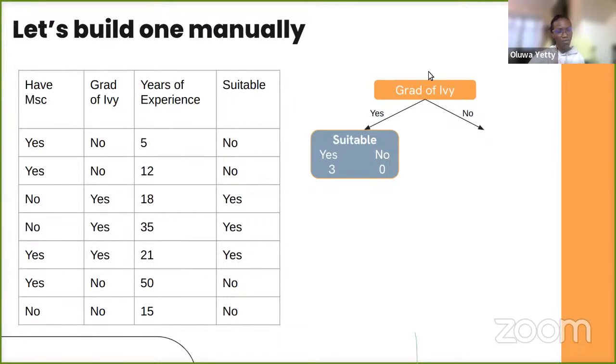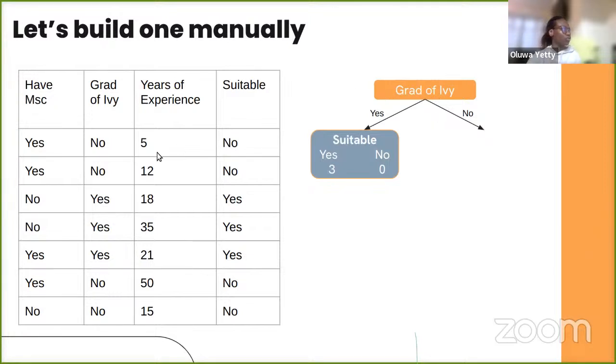The feature that we have here is grad of Ivy. We want to know if they were a graduate of Ivy League. And what are the two possible values we can have under grad of Ivy? Yes and no. So we draw our yes branch and no branch. Now, under the grad of Ivy, the feature that we now want to check next is the suitable feature.